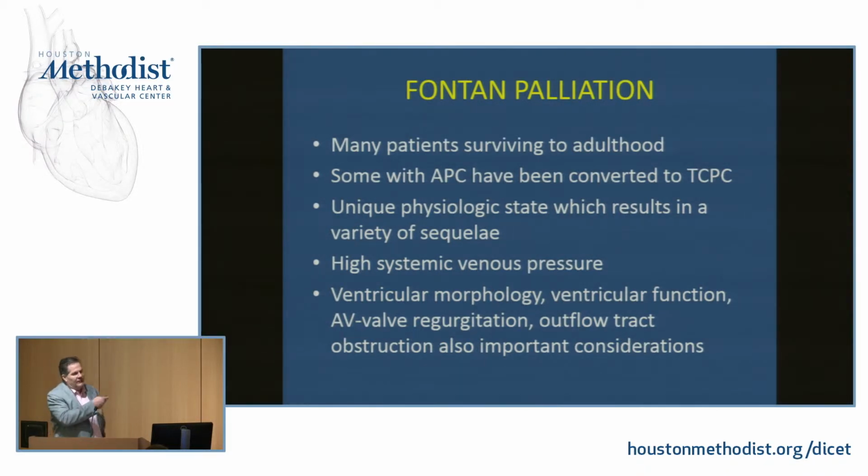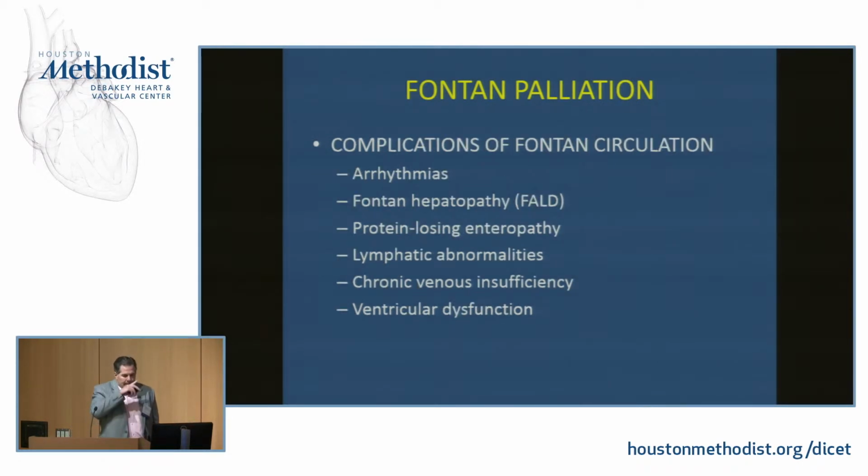The Fontan circulation is a unique physiologic state. It has a variety of sequelae. There are high systemic venous pressures. There are other components of the heart that are important. What's the ventricular morphology? What's the function? AV valve regurgitation, outflow tract obstruction, all of those are important considerations on how the patients will do.